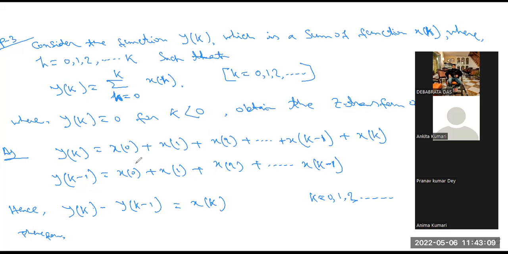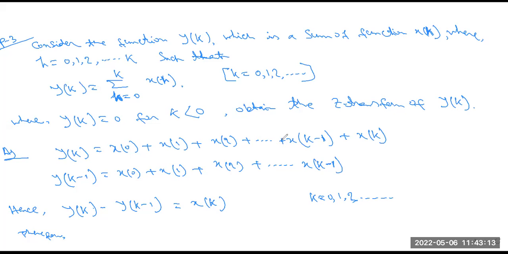That means x0 cancels, x1 cancels, every term cancels. Only one term remains, lastly, that is x of k. You know that because all these are the same terms present in the function y of k and in y of k minus 1. Is it okay or not? Please respond.